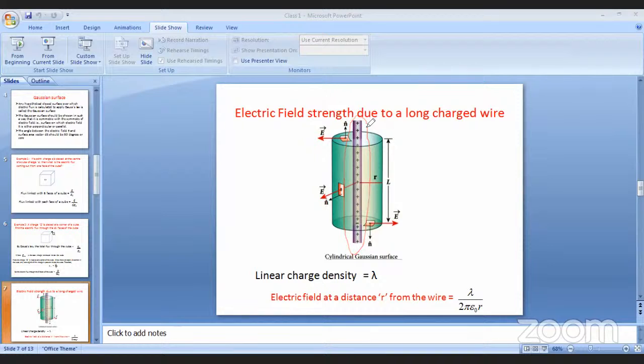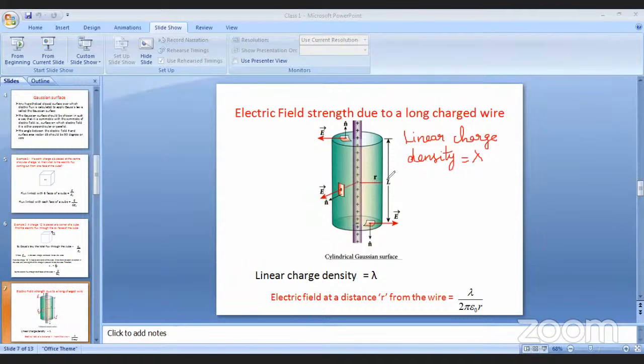This positively charged wire has a linear charge density lambda, and from this wire you take a particular distance small r.